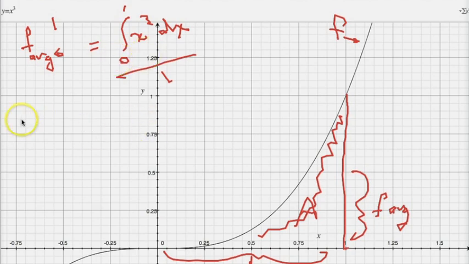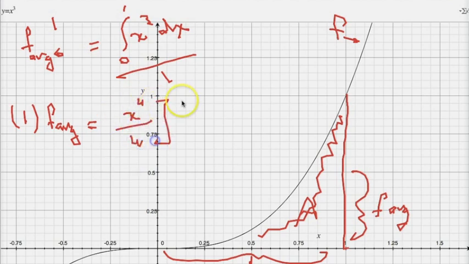So we bring the 1 over, I'll just write that 1 out so it becomes clear. We have f average. We integrate this, we get x to the 4th over 4 between 1 and 0. We plug the 1 in, that's 1/4. And so we bring the 1 over, and the average value is 1/4.